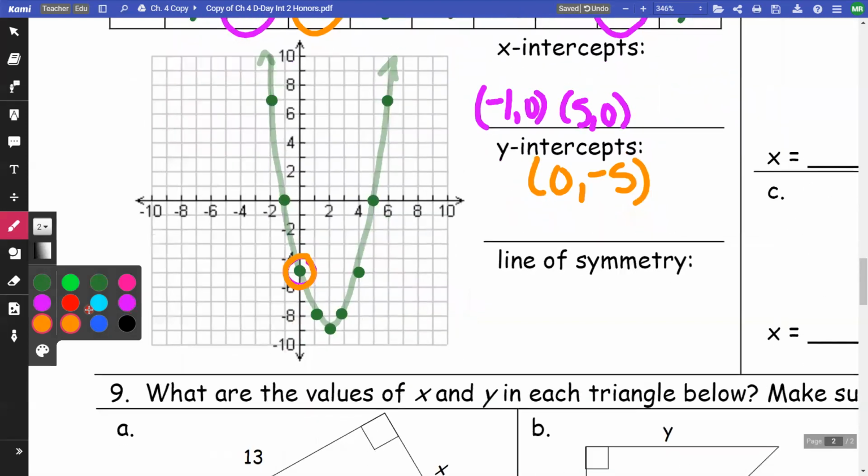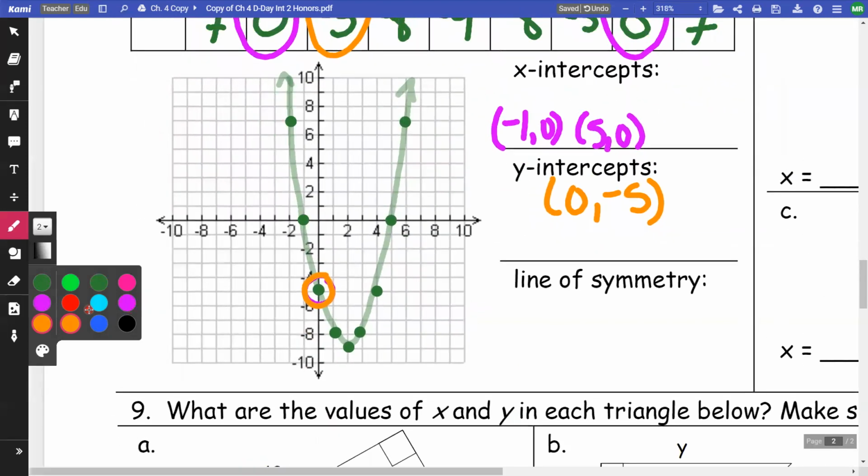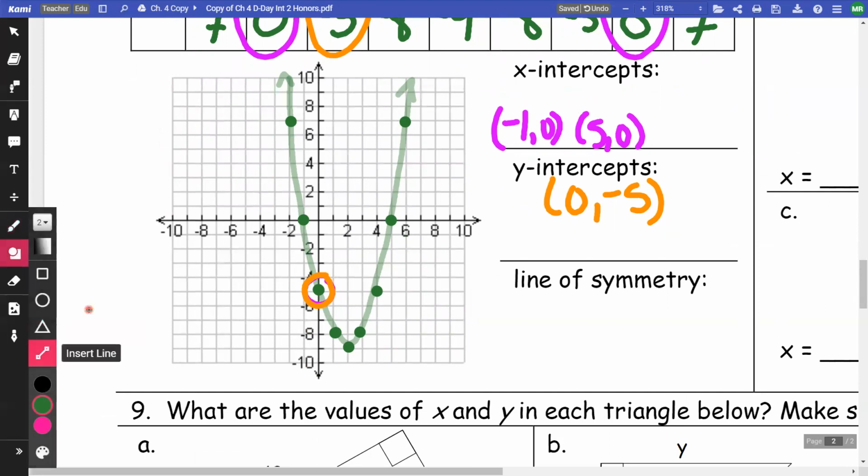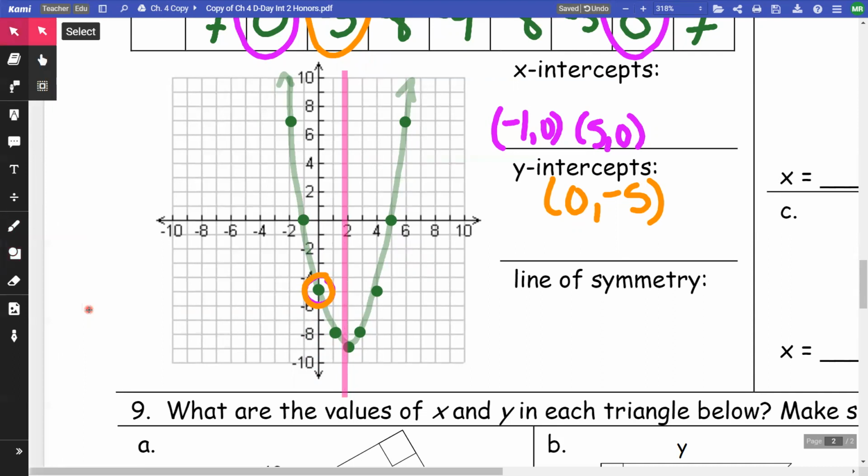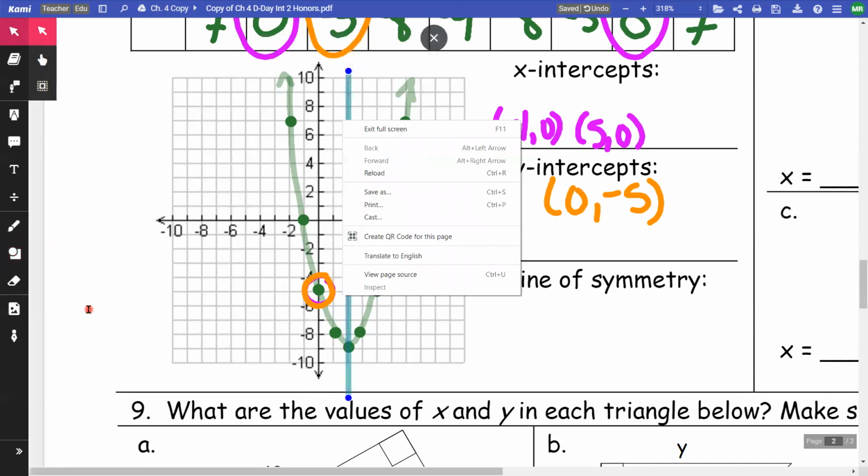And then a line of symmetry, that's a line that splits this in half. That makes it a mirror image that's symmetric about. So that is going to be right here at x equal 2. I'm just going to move it slightly over. Right there at x equal 2.